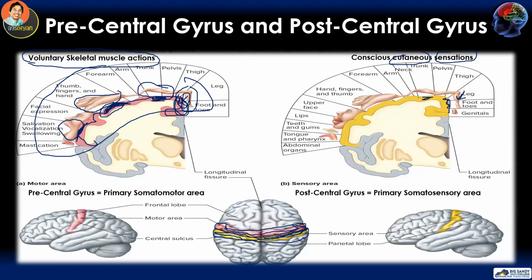The back also has a very little area, right? And the hand has a bigger area for sensation. Therefore, the hand is considered more sensitive compared to our back. So this is a very sensitive area. Therefore you use your hand, for example, to touch something, because you have a lot of sensory information over here.